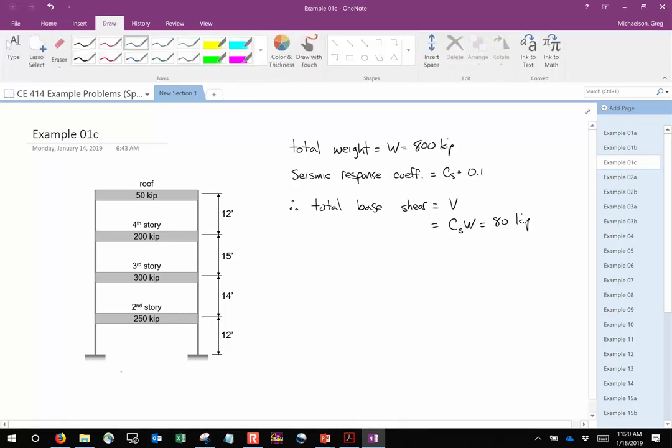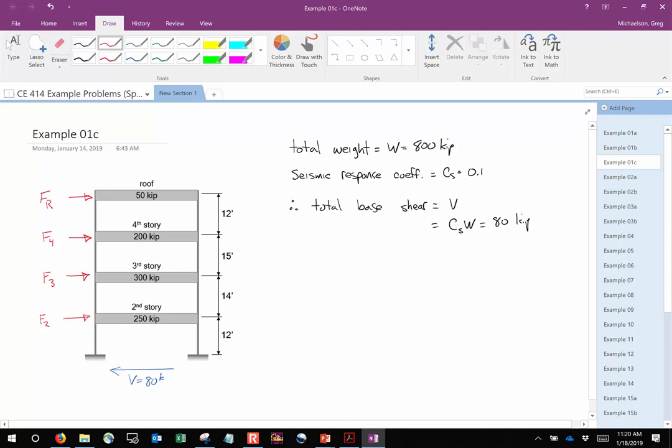So the question then is what are these forces? So that's what we're trying to determine.